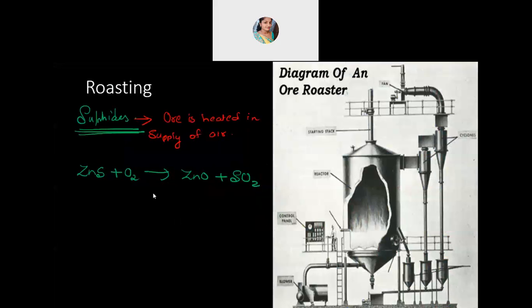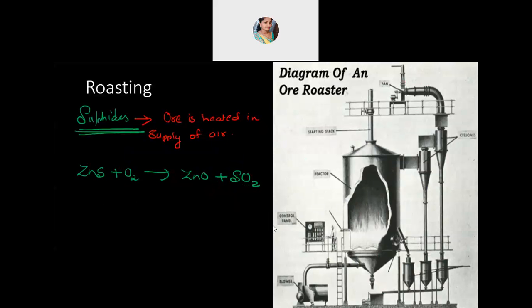So zinc sulfide with oxygen will form zinc oxide plus sulfur dioxide.